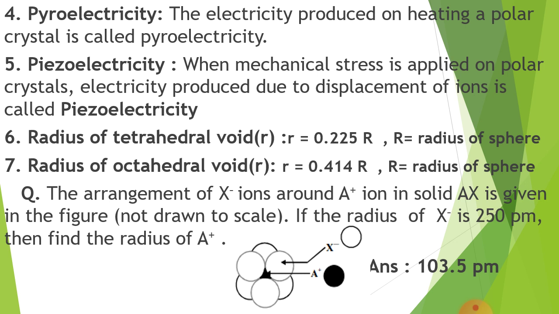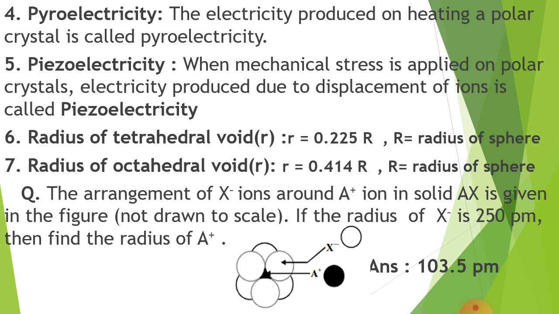Now one question on the basis of the radius of octahedral voids. The arrangement of X minus ions around an A plus ion in solid AX is given in the figure, not drawn to scale. If the radius of X minus is 250 picometer, then find the radius of A plus. Looking at the diagram, the black sphere shows the void and the white spheres show the spheres. The black sphere touches six spheres.